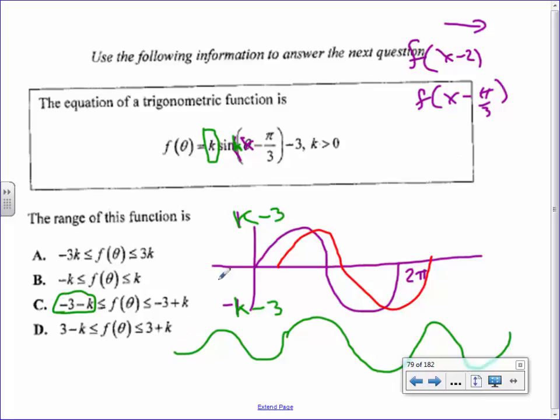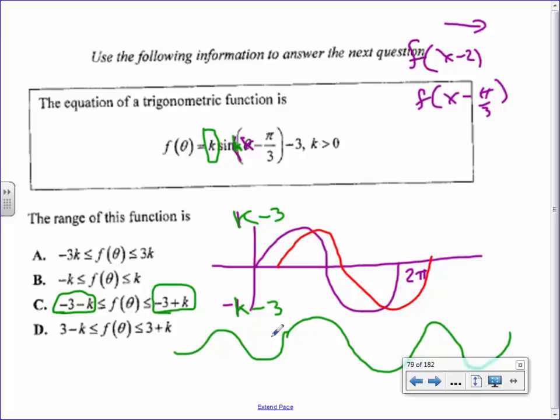Whereas the highest value that I'm going to have is k minus 3. It got written in a different order, but do you see how right here you have a k and a minus 3? Follow that? It's challenging because you can't really type this in your graphing calculator. You really have to know your theory behind what's happening.